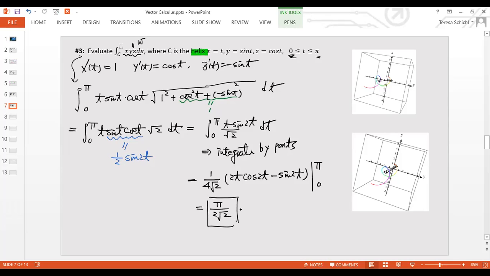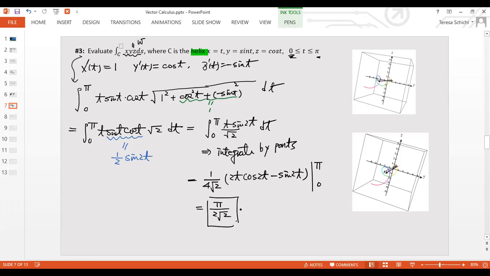Now we're going to stop the first video here. This is the line integral over the scalar field. That means it's just in the regular R2, R3, R4, whatever, right? There's no vector, there's no force acting on that.